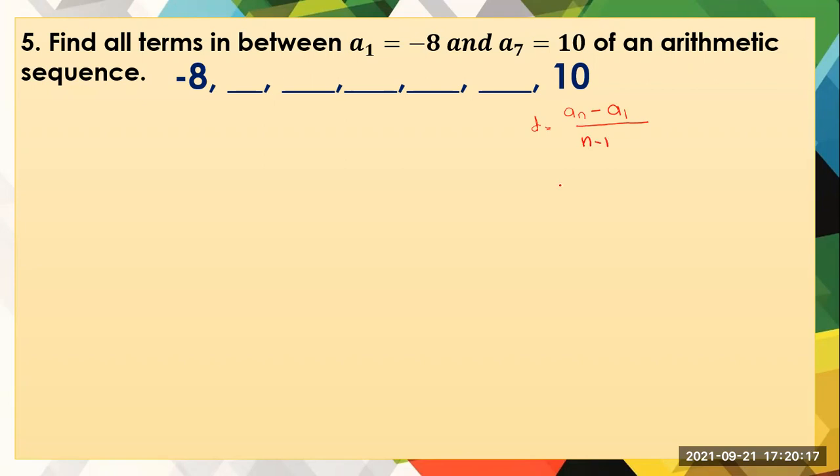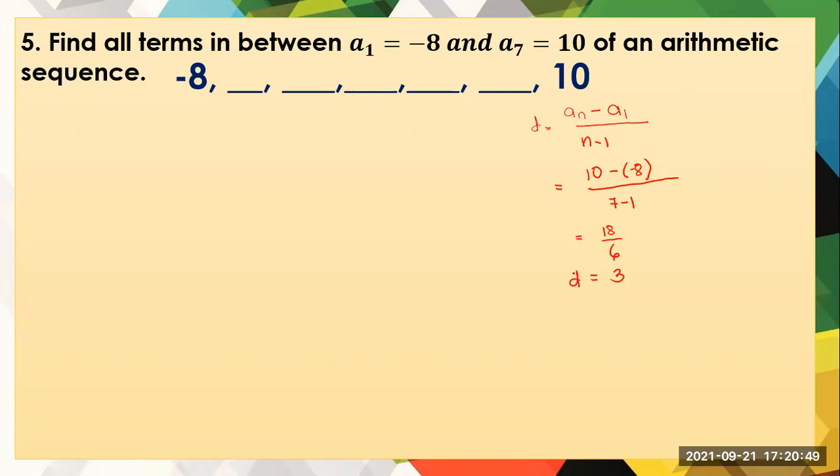So your last term is 10 minus the first term, which is negative 8, divided by 7, since 10 is the 7th term, minus 1. Okay. Then it's 10 plus 8, so it's 18 over 6. Therefore, it's 3 for the common difference.